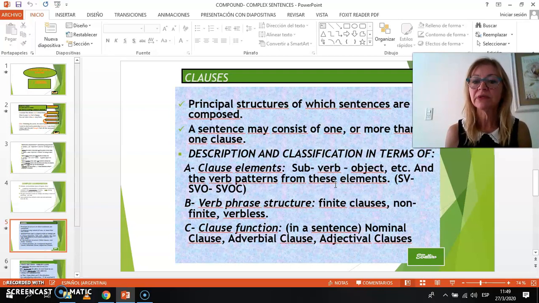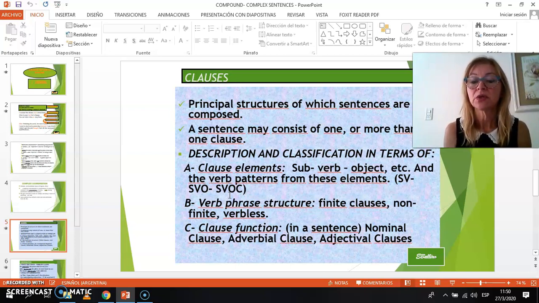For example, if we consider the clause elements, as in A here, we can say that the clause contains a subject, verb, object, etc. And the verb patterns from these elements will be SV, if it contains just a verb, or SVO if the clause contains subject, verb, and object, or SVOC if the clause contains subject, verb, object, and object complement.